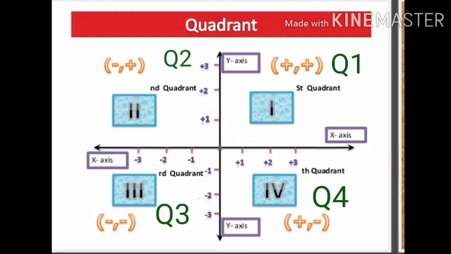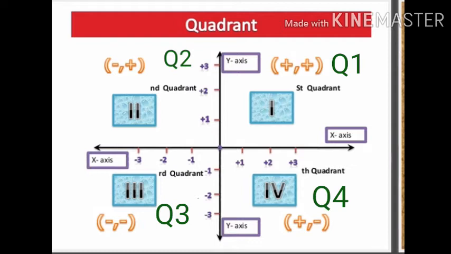These four parts are called quadrants and are denoted by Q1, Q2, Q3 and Q4 in the anti-clockwise direction. The plane here is called the Cartesian plane, coordinate plane or XY plane. The axes are called the coordinate axes.